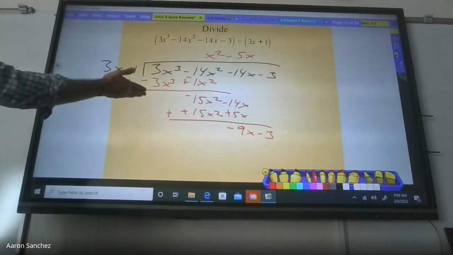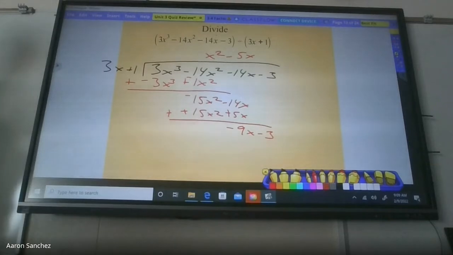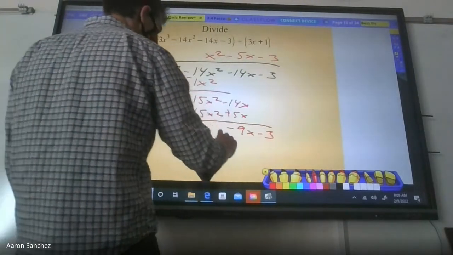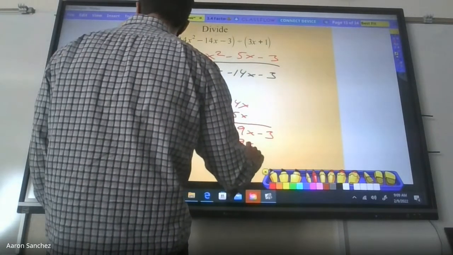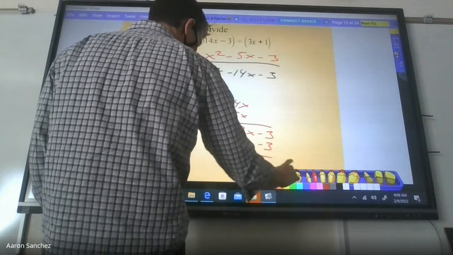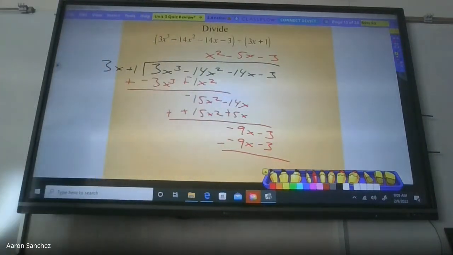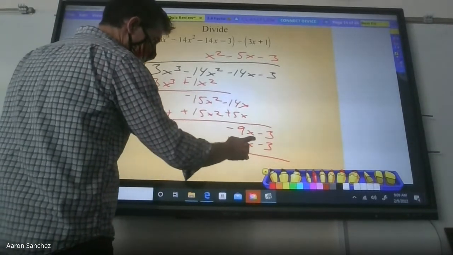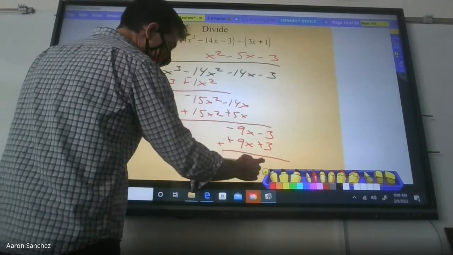And then negative 3. Keep it the same, right? You want it to be the same. I want it to be negative 9x, negative 3, negative 9x, minus 3, subtract, switch the sign, plus, plus, plus, 0, 0.